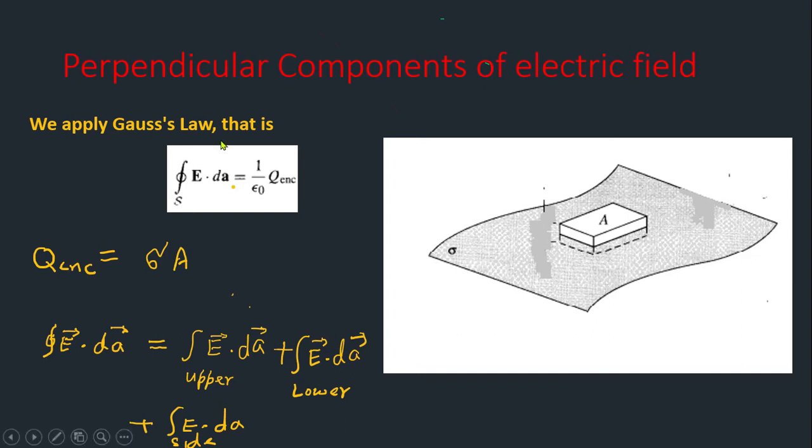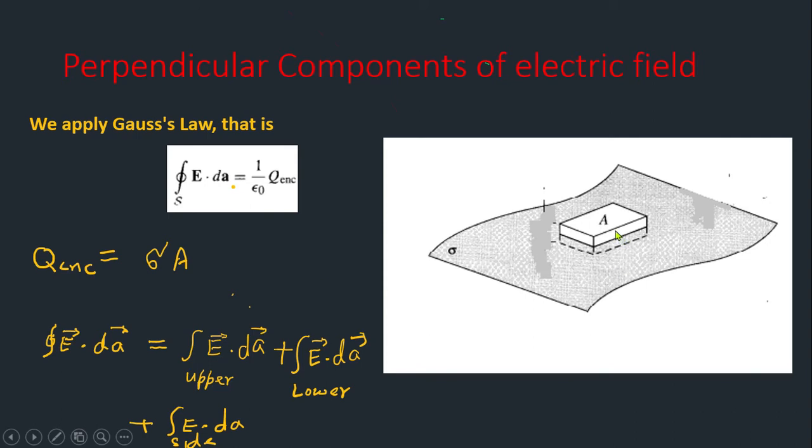And the left hand side of Gauss's law is the integral of E dot dA, which is over the whole surface of the Gaussian pillbox, so it is a closed surface integral.